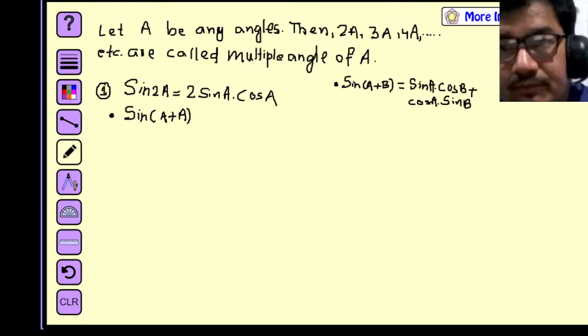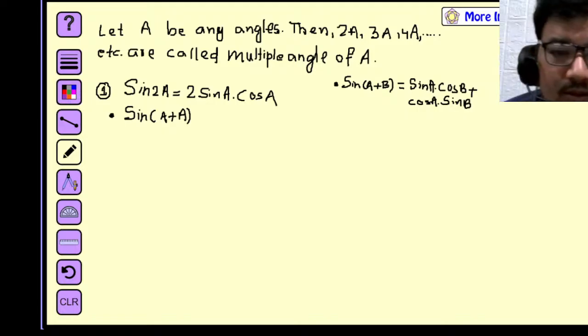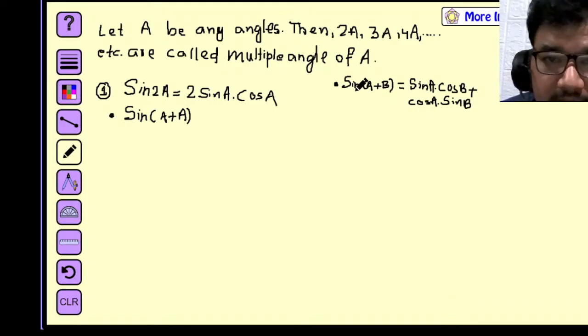Okay children, now look here. Here is sine A plus B. Angle A is added with B, and its formula is sine A cos B plus cos A sine B. Let's apply this formula here.